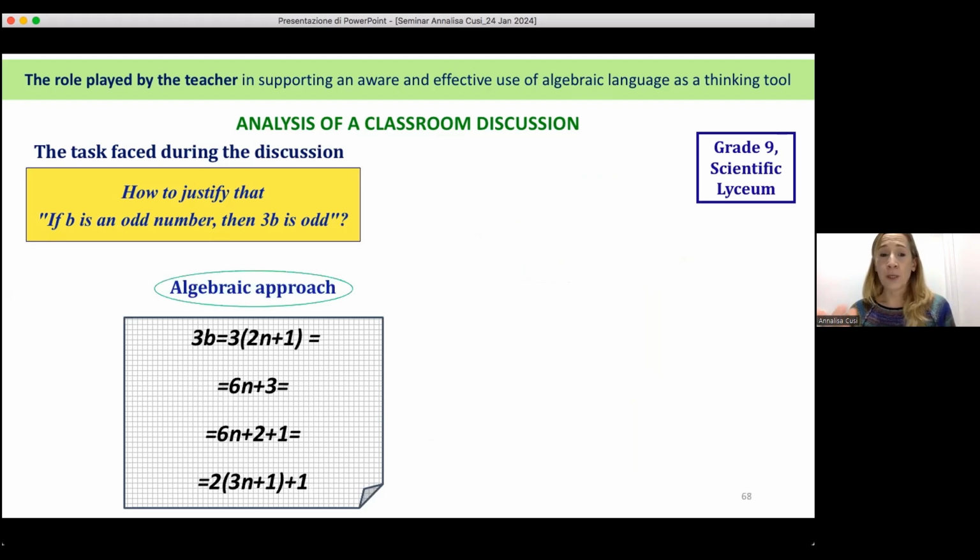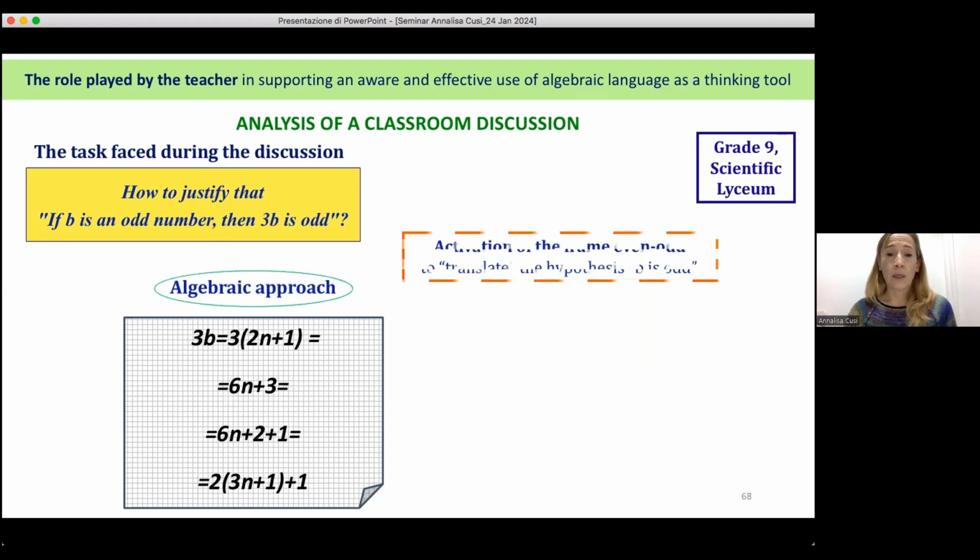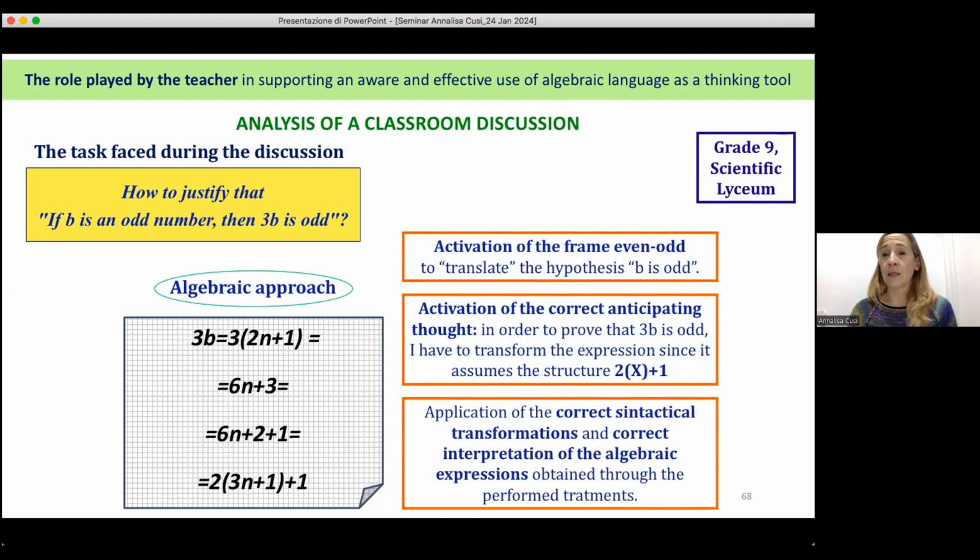The algebraic approach is this one. At the beginning, the frame even-odd should be activated to translate, to represent the fact that B is odd with this expression, 2n plus 1.